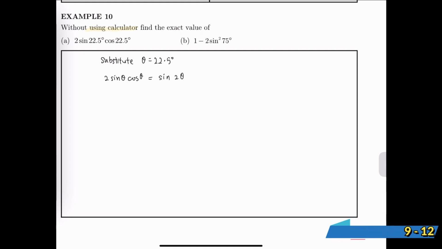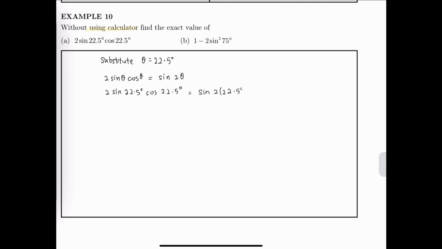Substitute theta as 22.5, we get 2 sine 22.5 cos 22.5, which is equal to sine 2 times 22.5. So 2 times 22.5 is basically 45. And from the table from previous, we get the value of sine 45 as root 2 over 2.